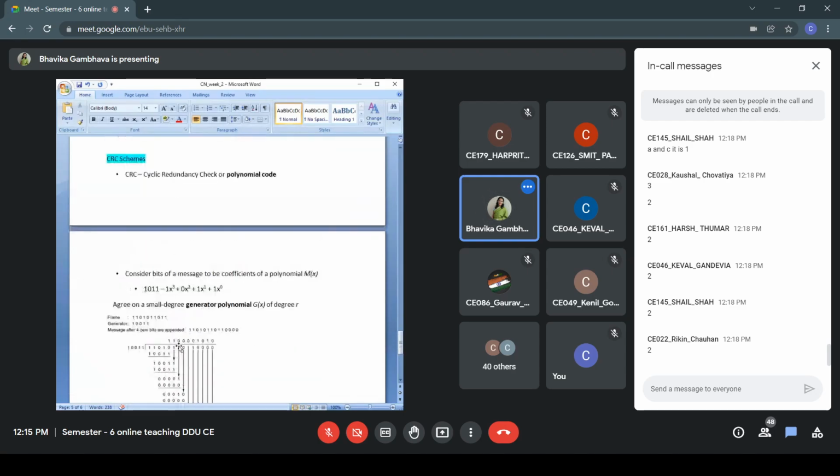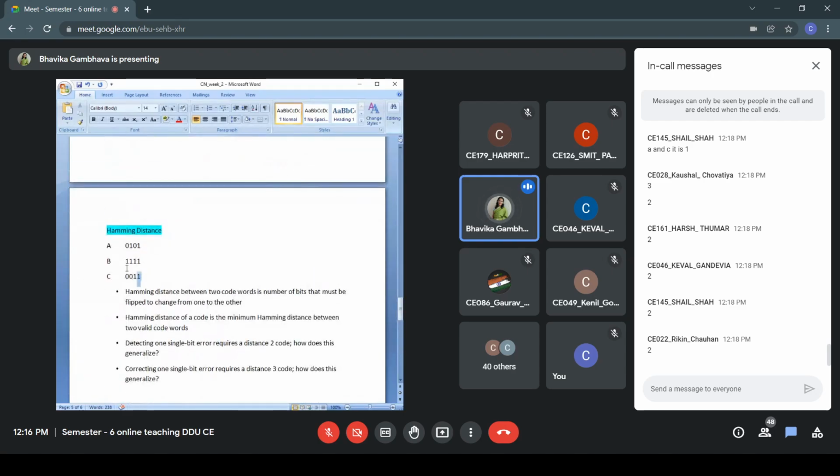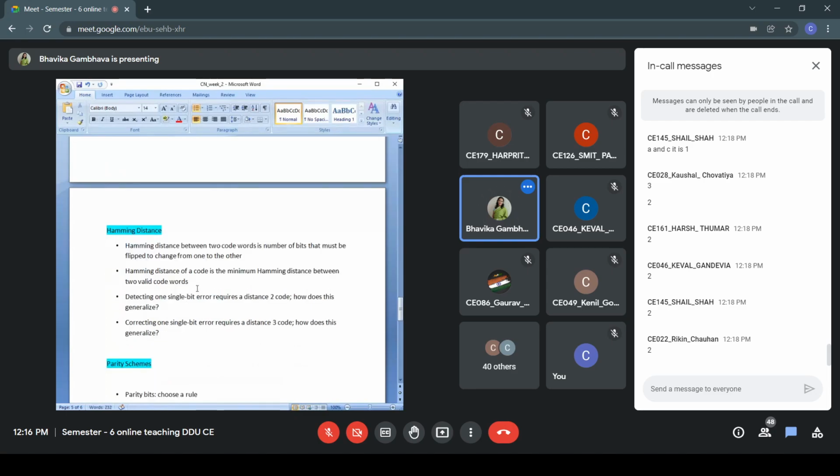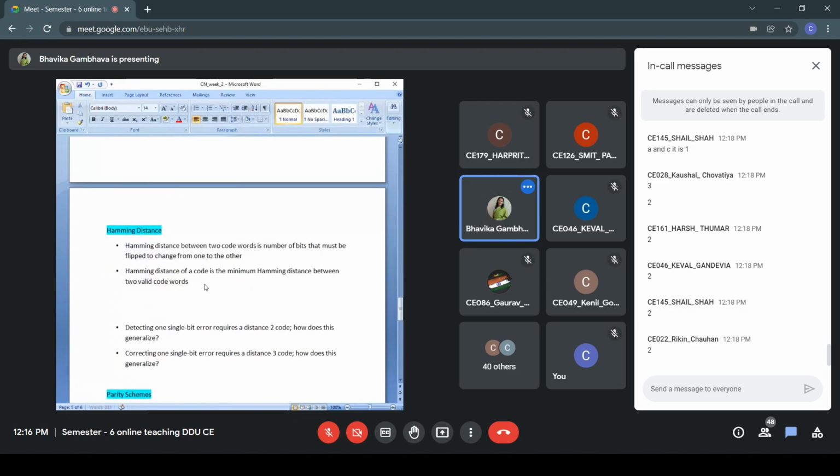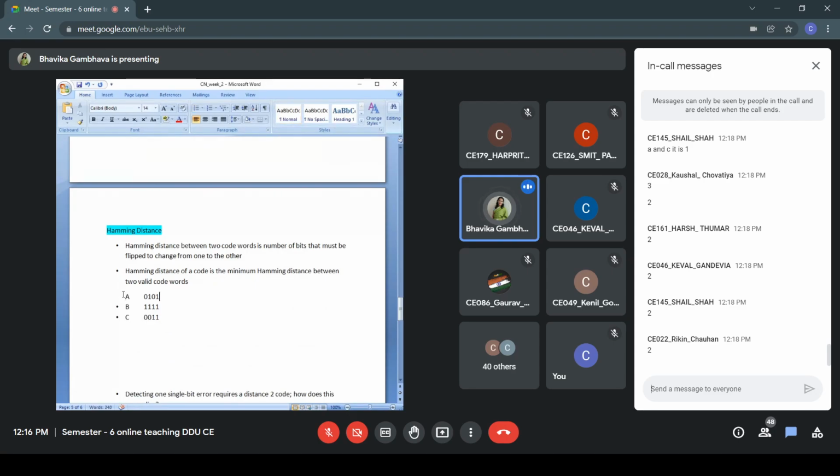okay, let's take this example. A is defined as 0 and B is defined as 1. So now if I want to send AB, I'll be sending 0, 1.